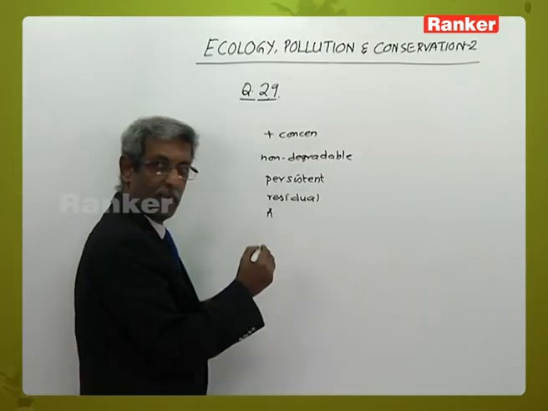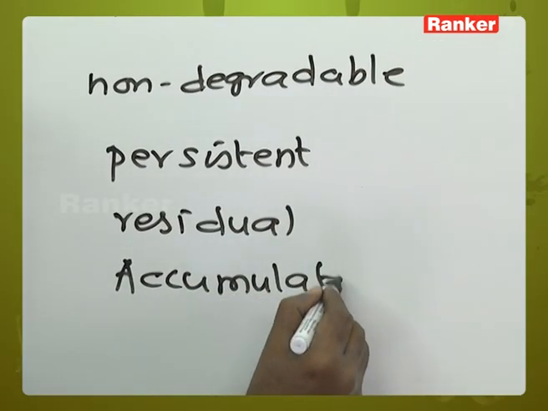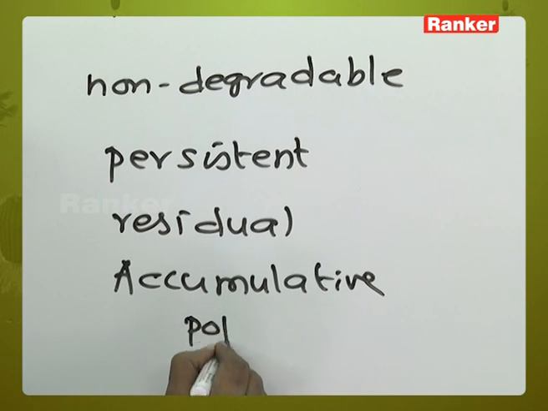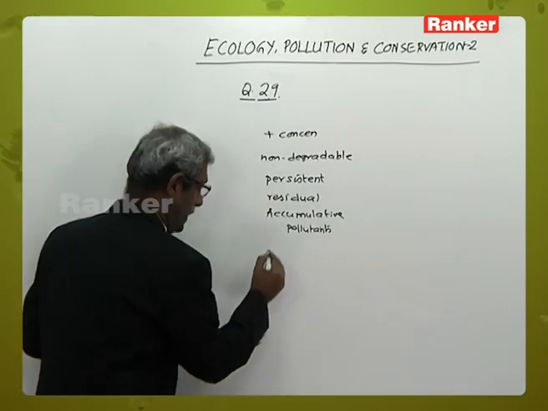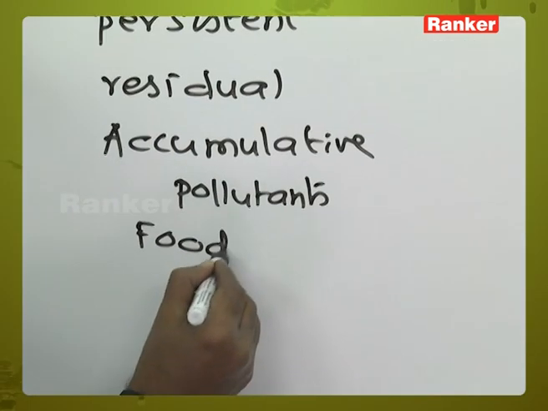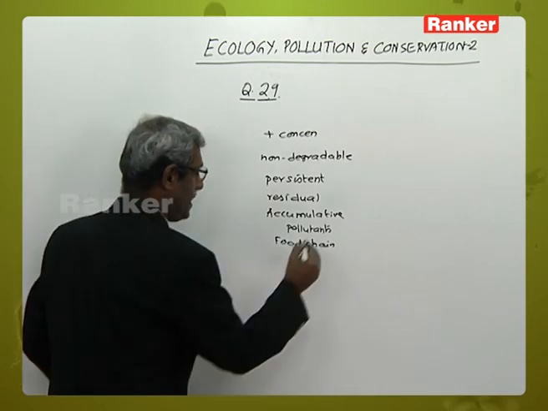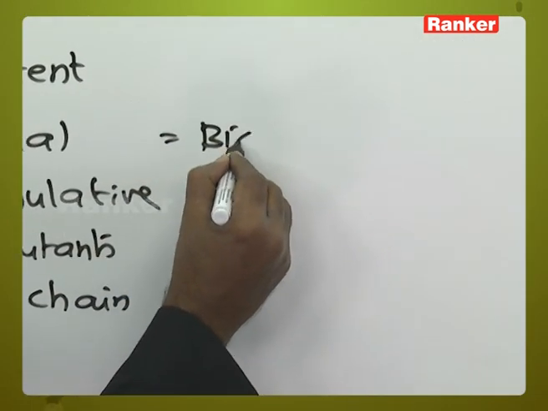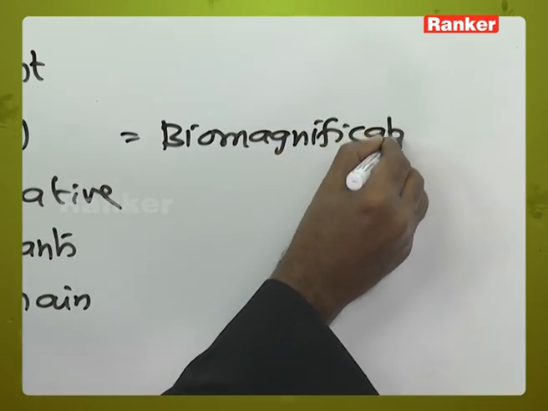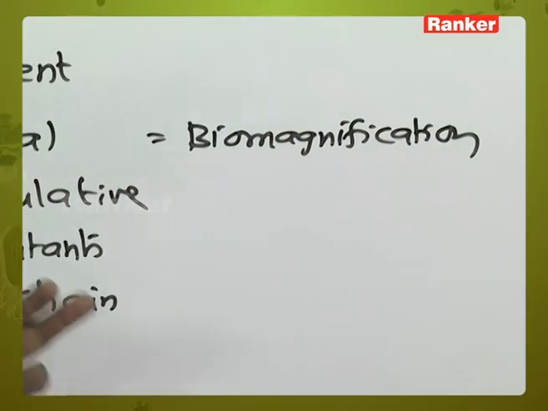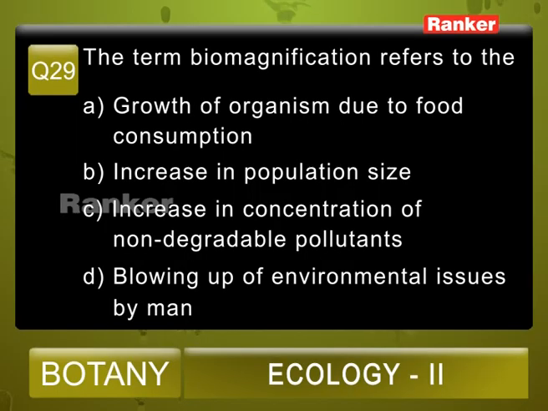Otherwise, we call it as accumulative. Pollutants in the food chain. This again is termed as biomagnification. So, in biomagnification always the pesticide residues are present. Hence, the answer is C.